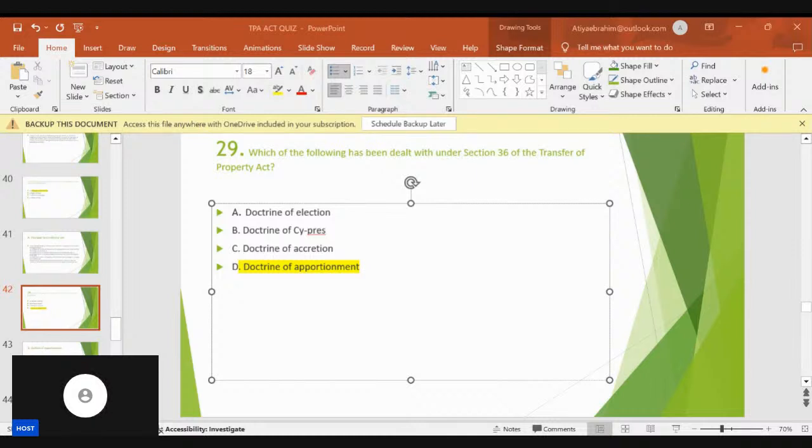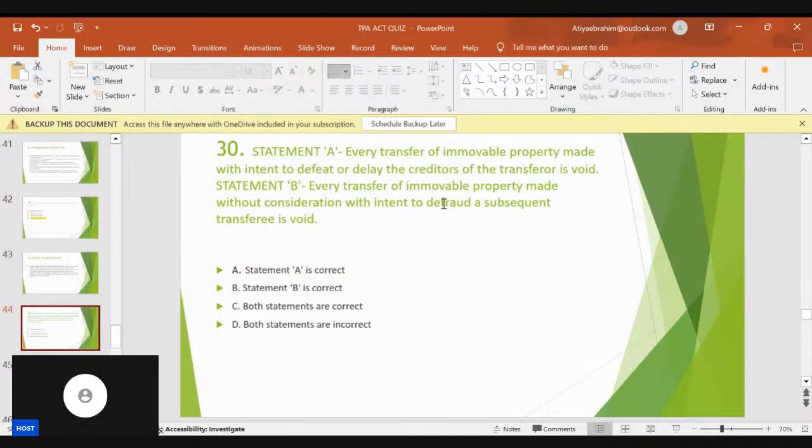Moving on to next question, 30. Now look, here there are two statements, read them very carefully. Statement A says every transfer of immovable property made with intent to defeat or delay creditors of transferor is void. And statement B says every transfer of immovable property made without consideration with intent to defraud a subsequent transferee is void.